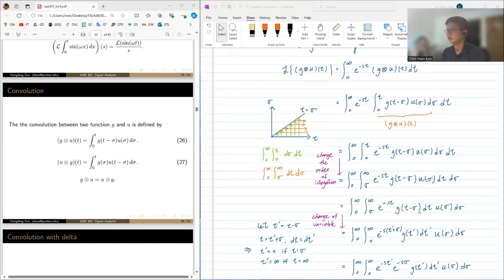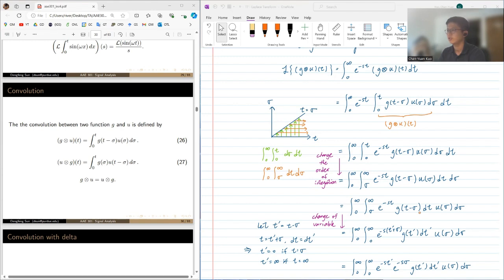And the next thing I'll do is I will change the order of integration. So first, let's see what we're doing here. In this expression, we are integrating sigma first from 0 to t, and then we integrate t from 0 to infinity. And you can actually visualize this by drawing a plot shown here.